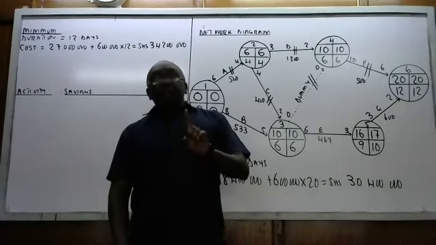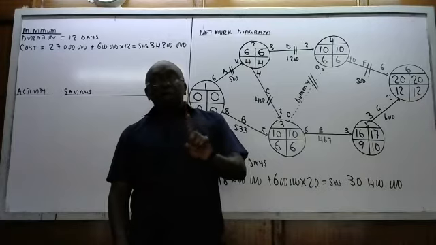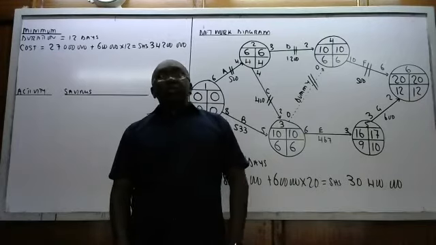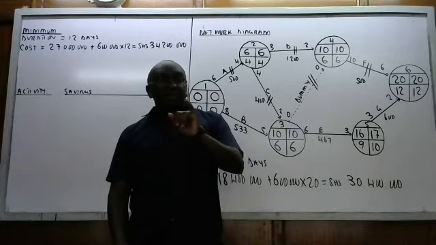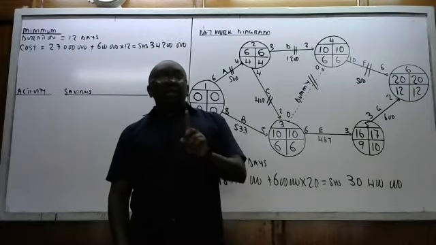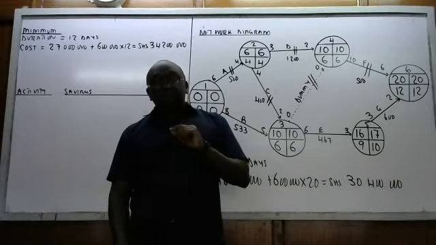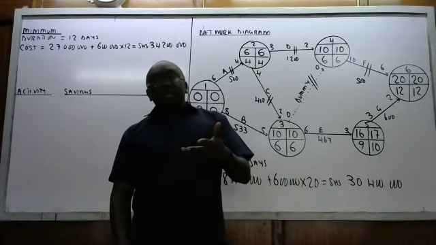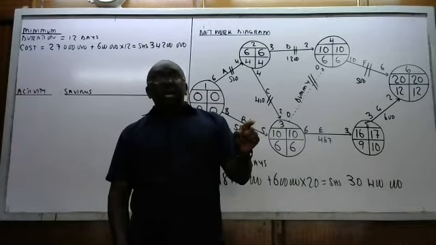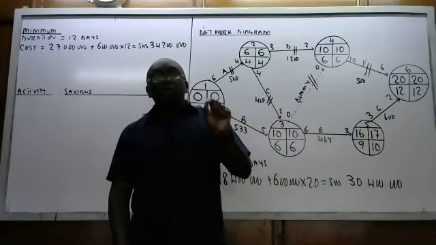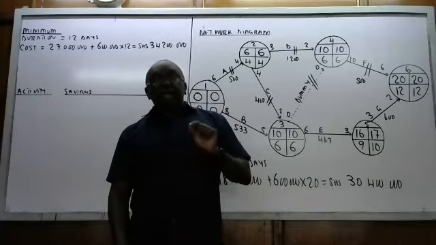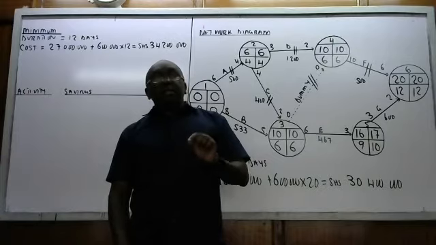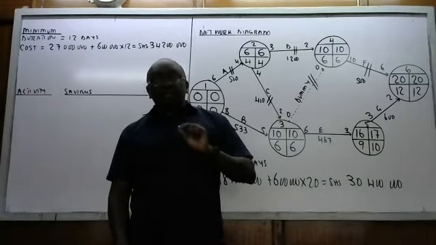So that means for every 1 day we do not work in that site, we save ourselves 600 shillings. The meaning of that is any activity whose slope is more than 600 is not economical to crash.